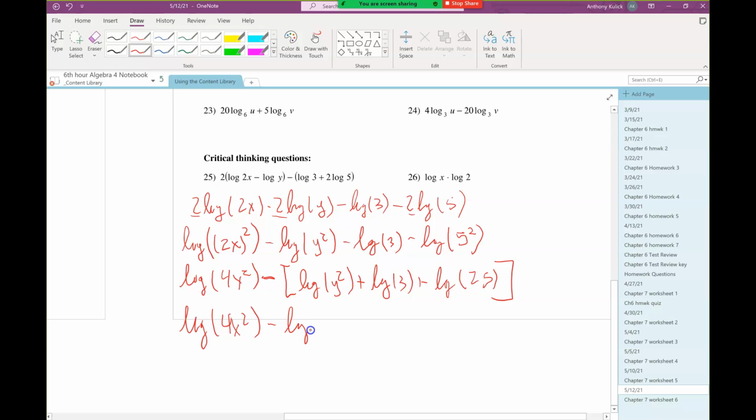And then I'll apply my product property. So 3 times 25 is 75, and then the y squared. And then my last step is to do the quotient, since I have that subtraction there. So log of 4x squared over 75y squared.